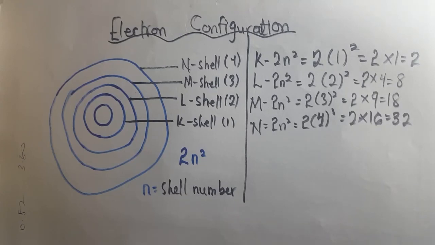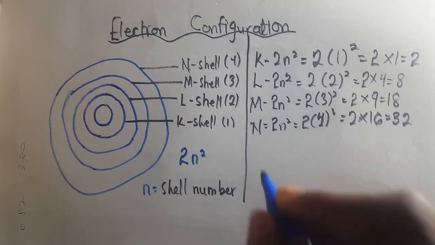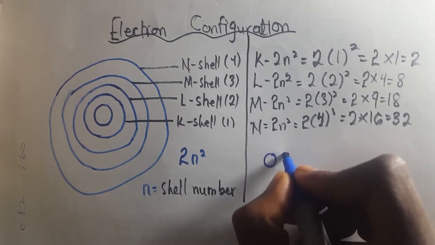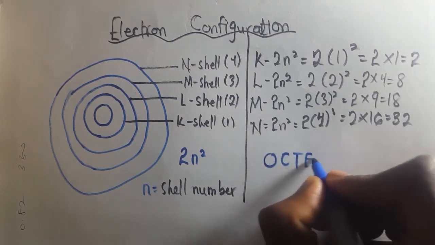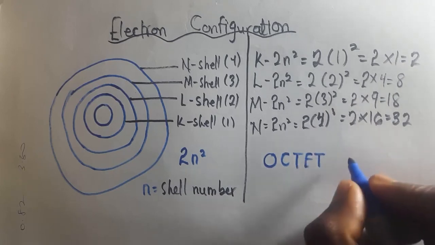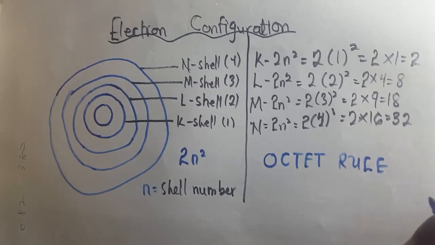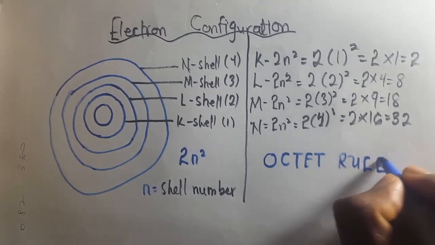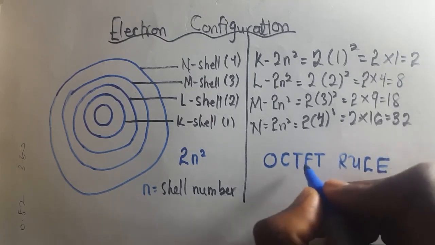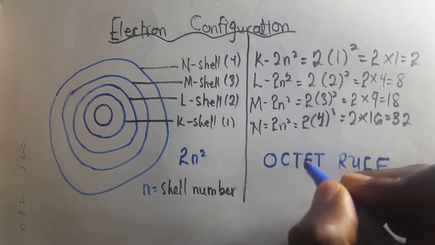Now, when you are drawing the electron configuration for the first 20 elements, there's something you have to note. It's called the octet rule. The octet rule states that the highest number of electrons a shell can have when you are drawing is 8.